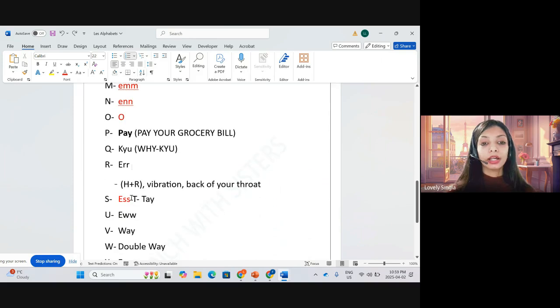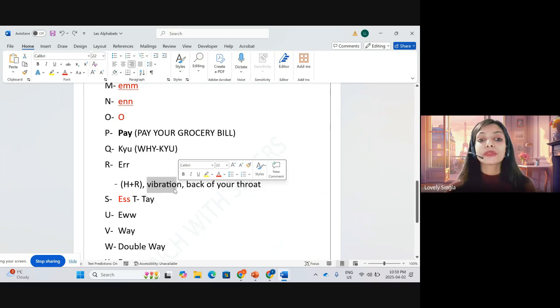Then we have R. R, guys, is a bit of a tricky sound. When you pronounce R, you have to remember three things. First, you have to combine the sound of H and R to make the final R pronunciation in French. So it's a combined sound of H and R. Second, it has to have some vibration in it.